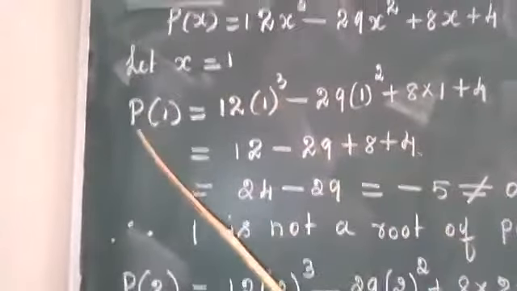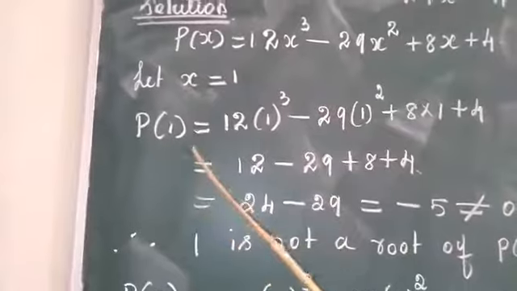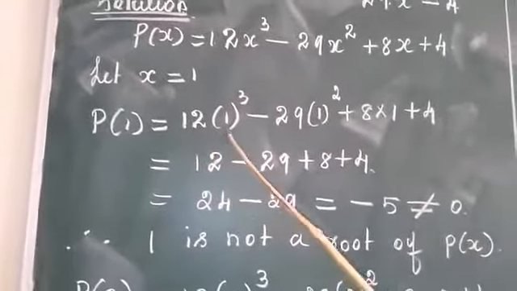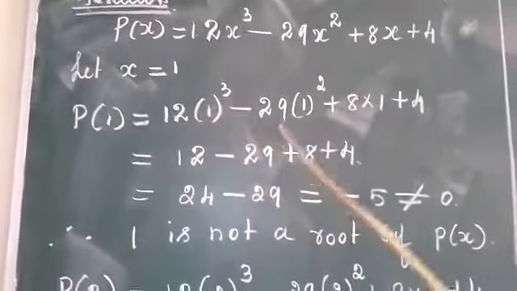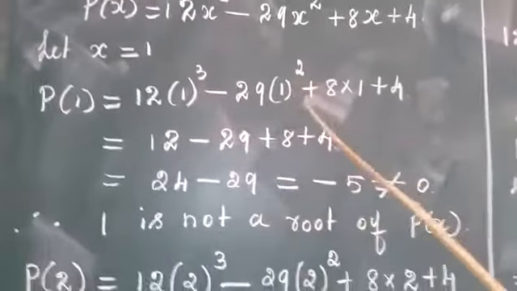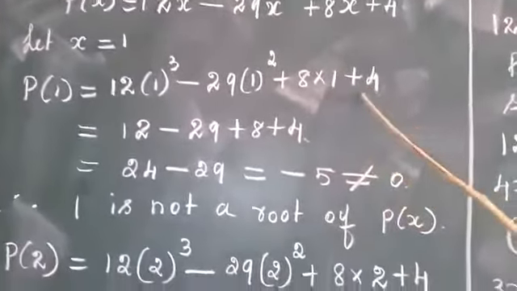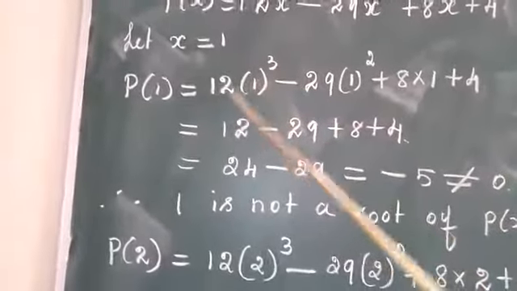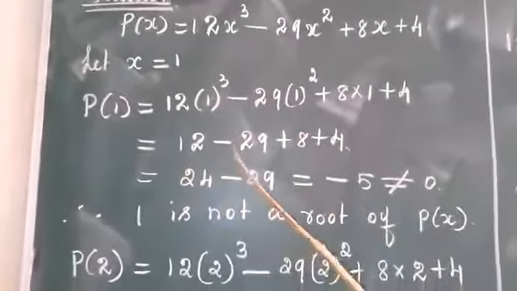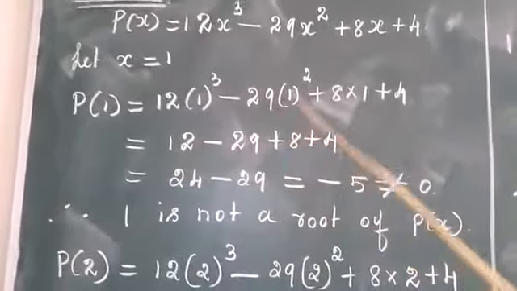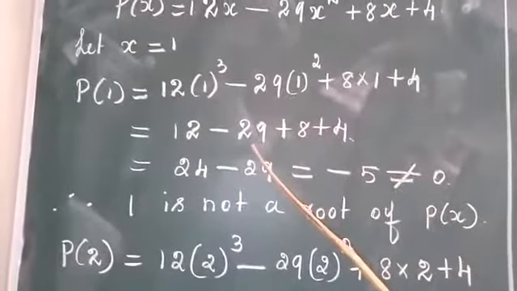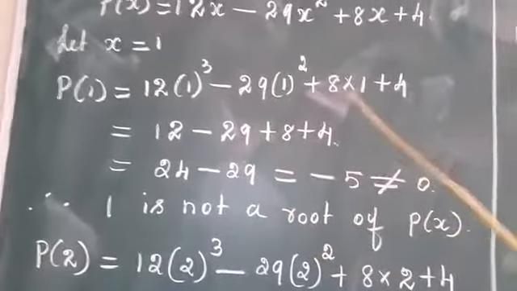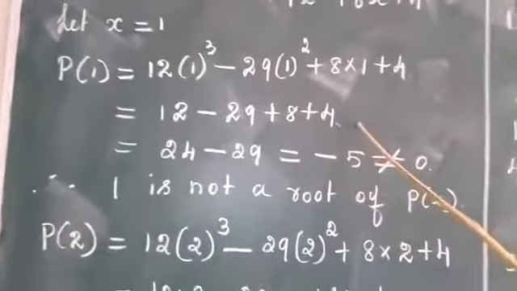If we substitute here, p of 1 is equal to 12 into 1 cube minus 29 into 1 square plus 8 into 1 plus 4. 1 cube is 1, 12 into 1 is 12, minus 29 into 1 square is 1, so we get 29, 8 into 1 is 8, plus 4.